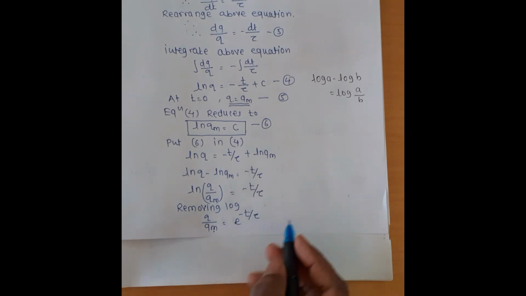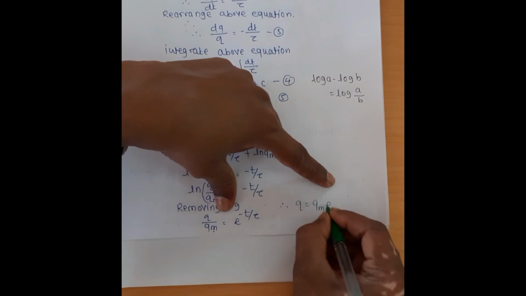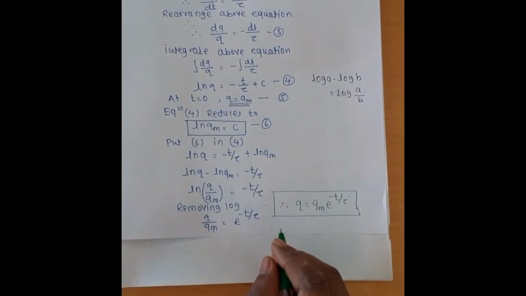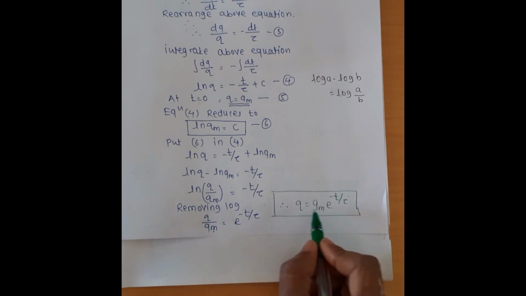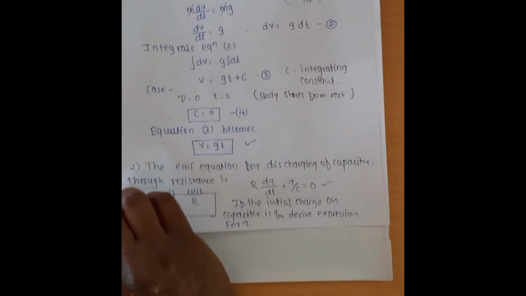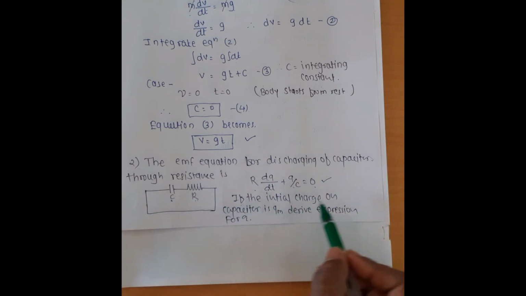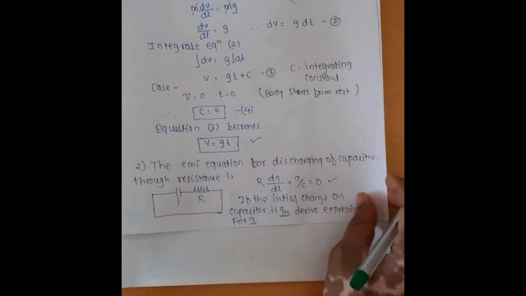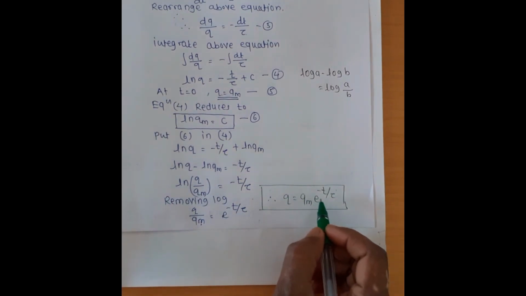So we get the equation q is equal to qm e raised to minus t upon tau. This is our actual equation, because what is our problem? The problem says: for discharge of the capacitor through the resistance, if the initial charge on the capacitor is qm, derive the expression for q. So deriving the expression for q means using this condition we find the value of q, which is q is equal to qm e raised to minus t upon tau.